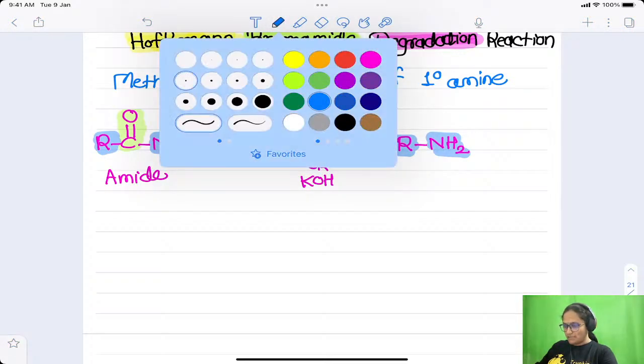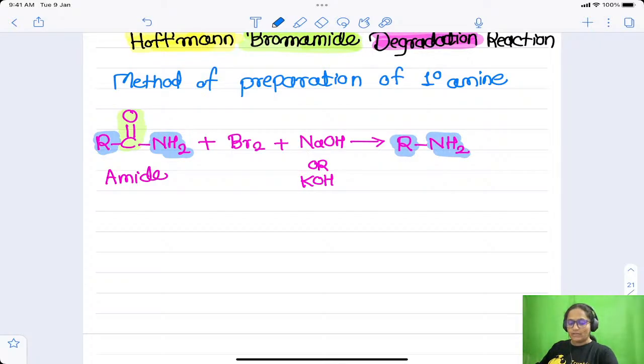As in this reaction the product contains one carbon atom less than the starting material, this is called a degradation reaction. Before that, let me just write down the example.